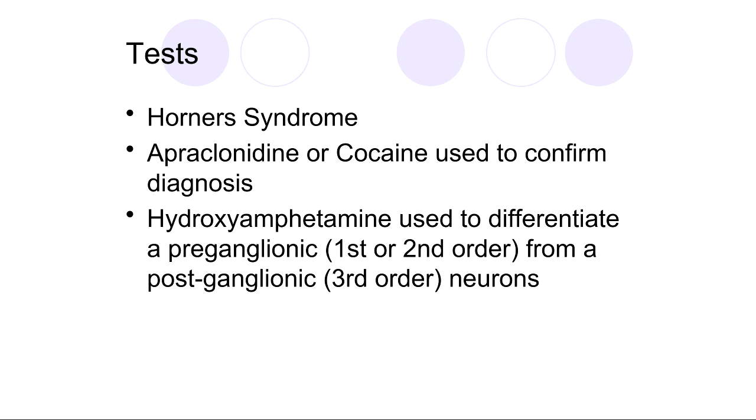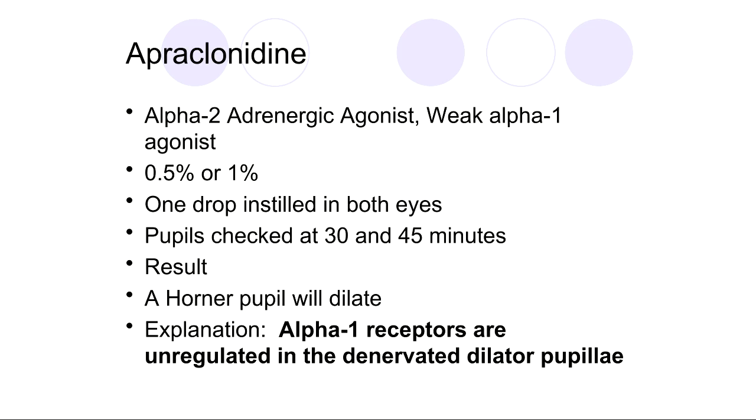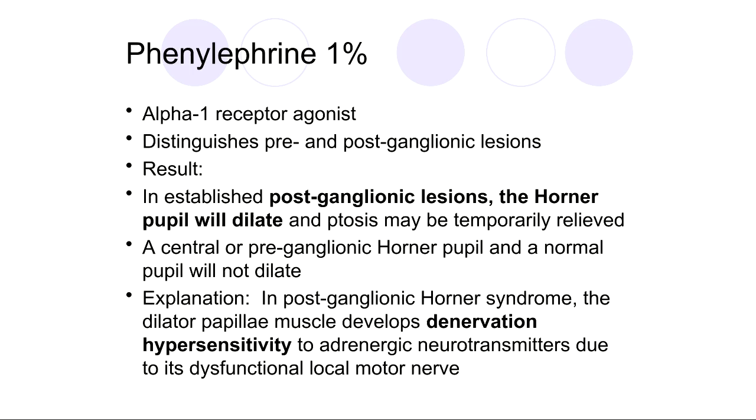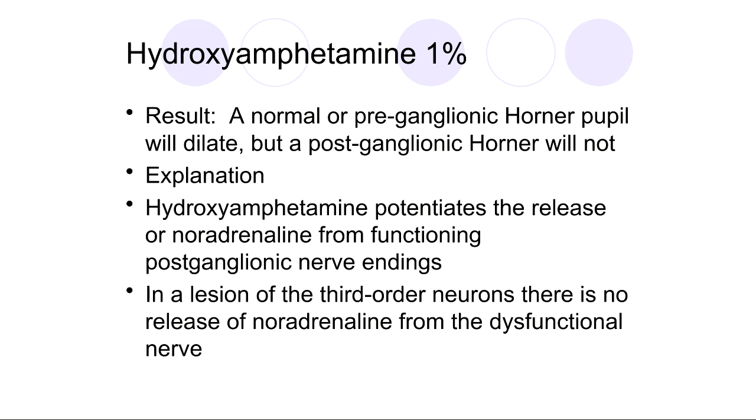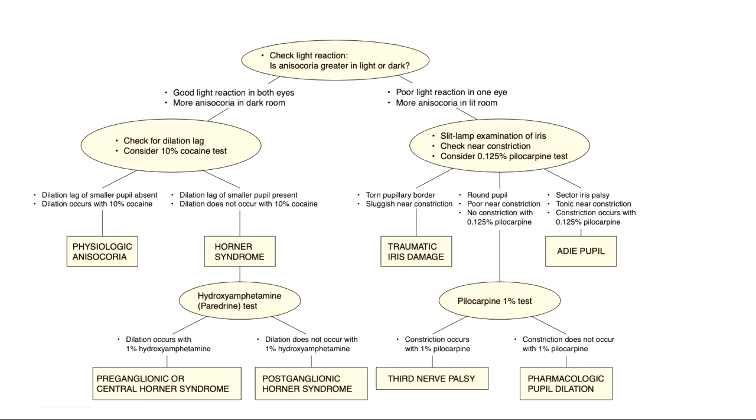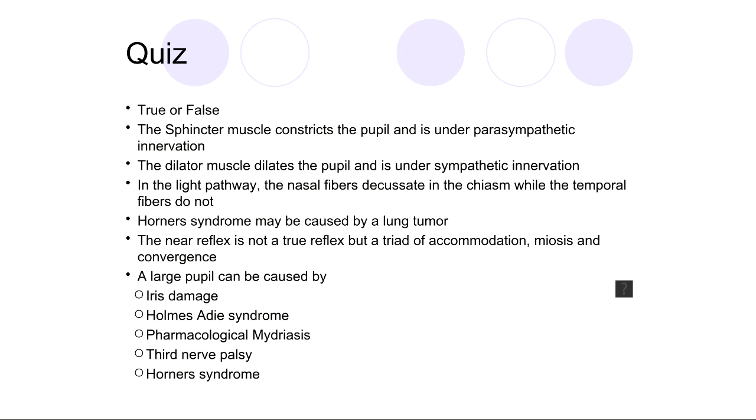All right, Melanie, thank you. Can we have another volunteer for the next question? Yes, Doc. Horner syndrome may be caused by a lung tumor. I believe that's true. The Pancoast tumor.